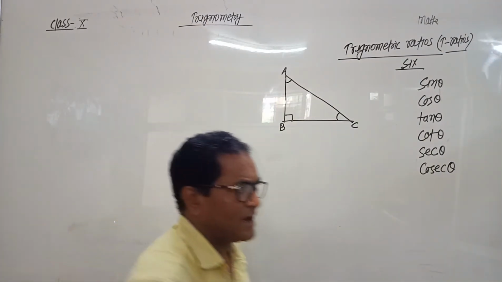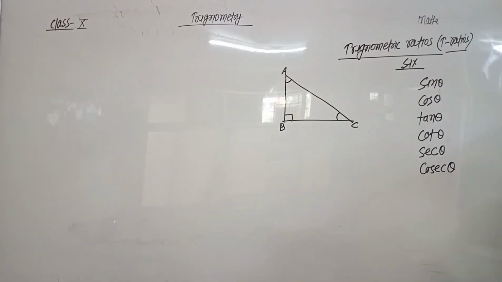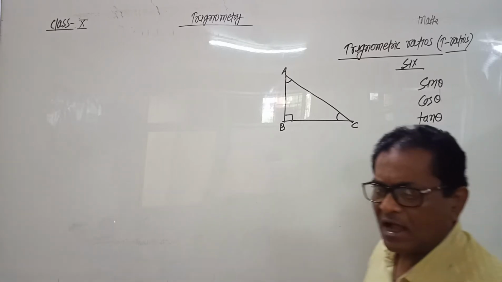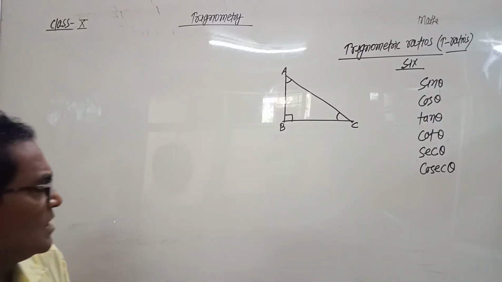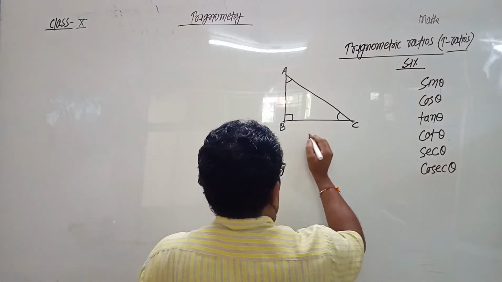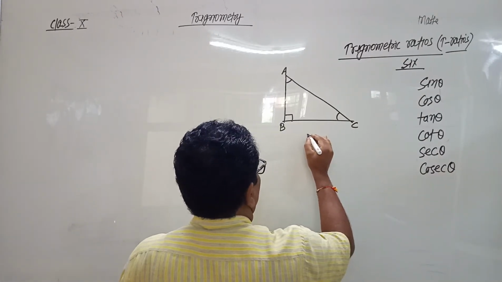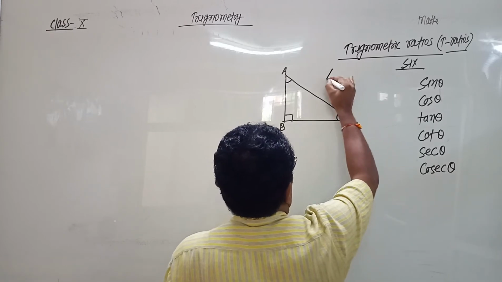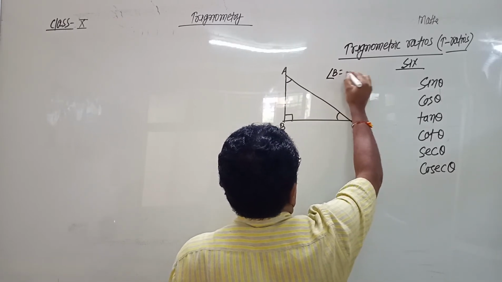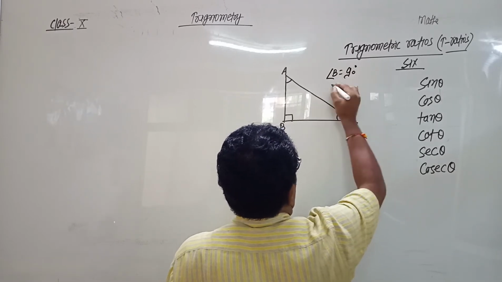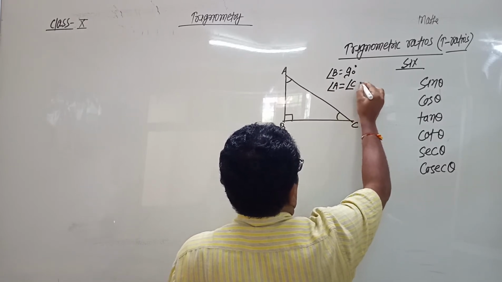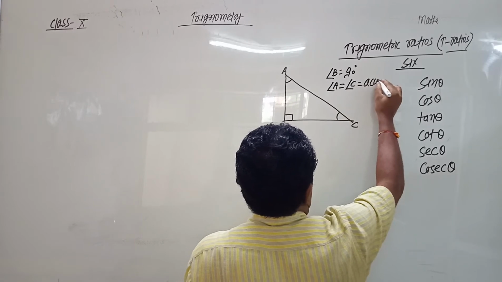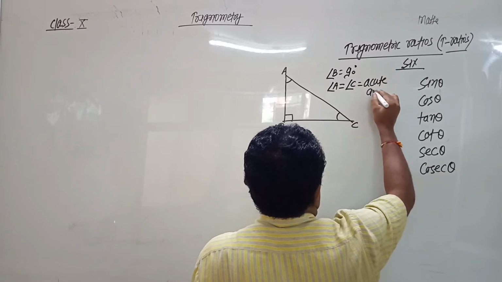So in any right triangle, one angle is 90 degrees and the other two angles are acute angles, meaning less than 90 degrees. Here angle B is 90 degrees, and angle A and angle C are called acute angles.